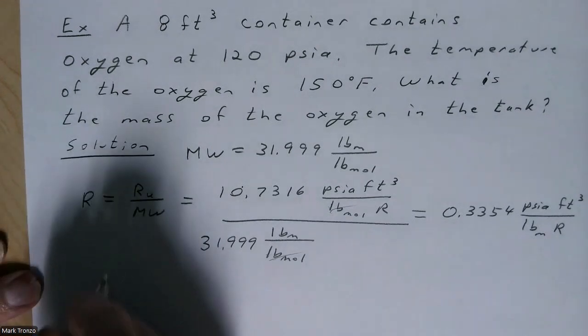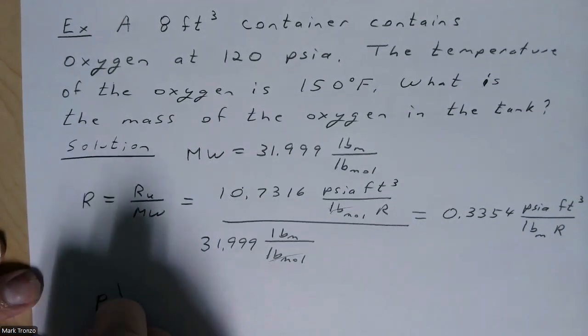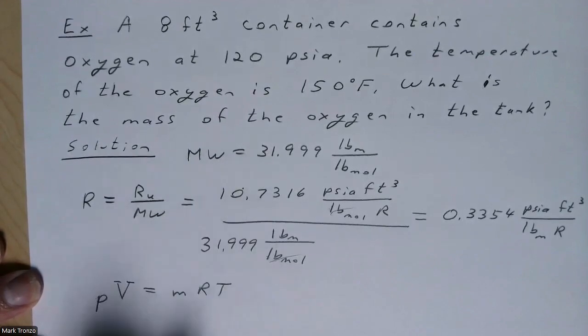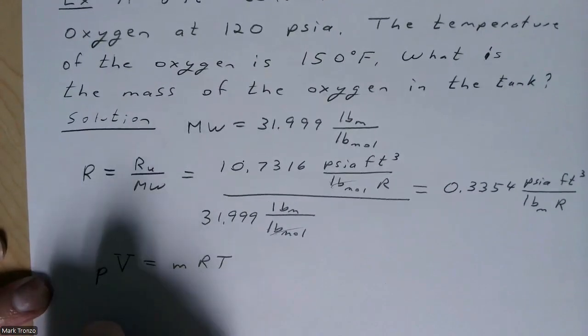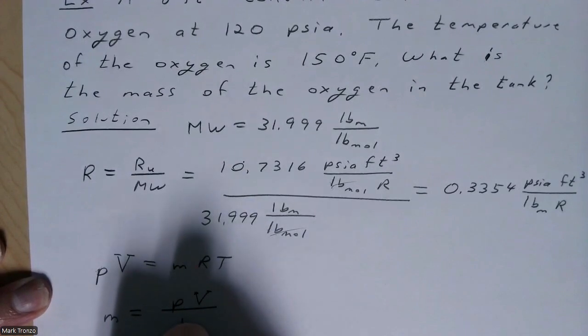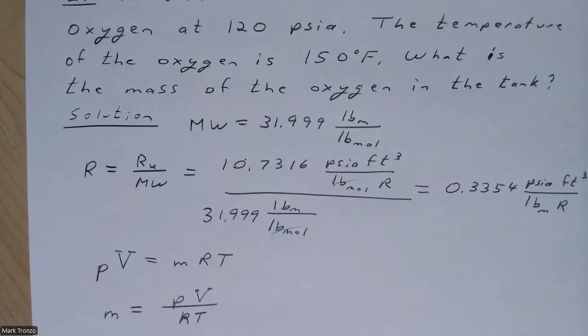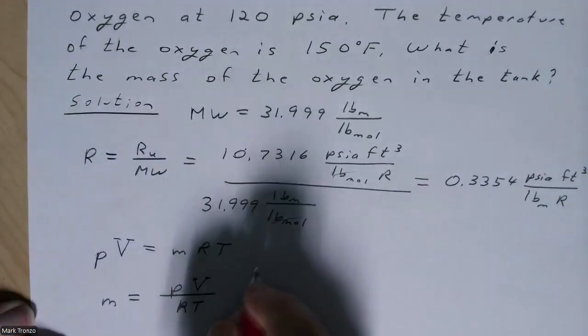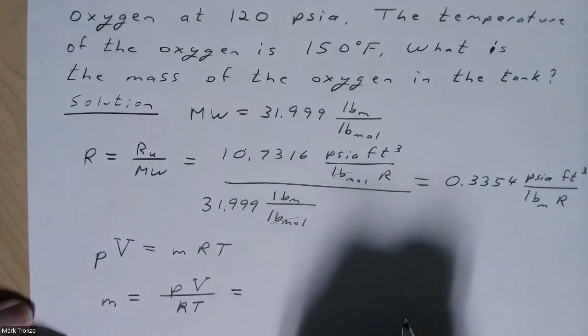So now let's go ahead and use our equation. We want to find the mass. So again, we have PV equals mRT and solve for the mass. So we have this. And let's put our values in.